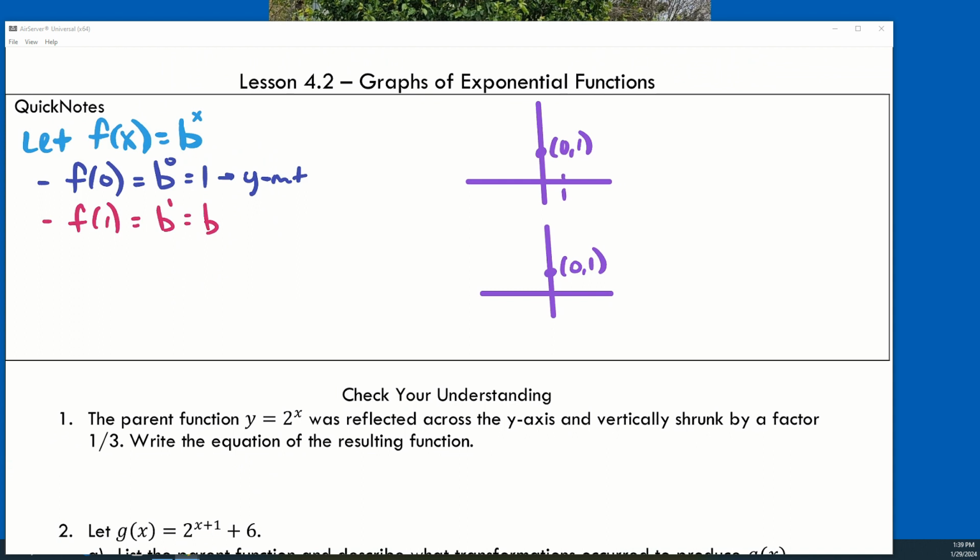All right, if b is bigger than 1, it's going to end up being exponential growth. And then if b is less than 1, it's going to end up being exponential decay.